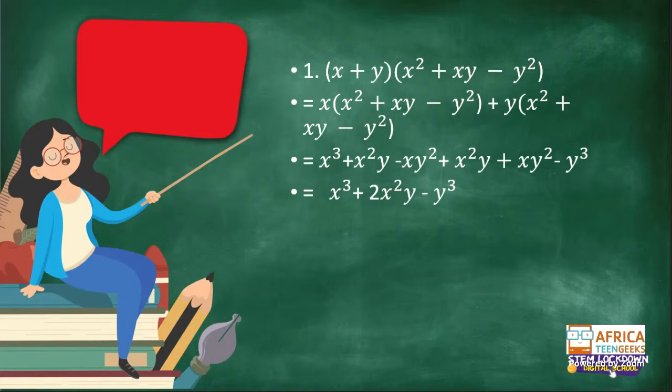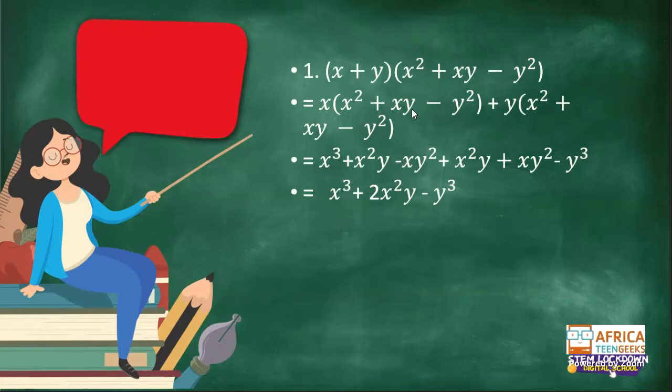Now, you can see that in the first bracket, we have what we call a binomial. How do we know this is a binomial? Because of the two terms, x and y. So x and y are two terms, therefore the expression is known as a binomial.